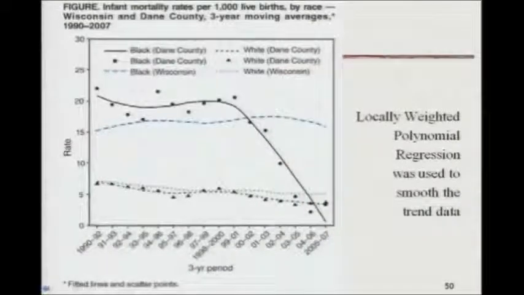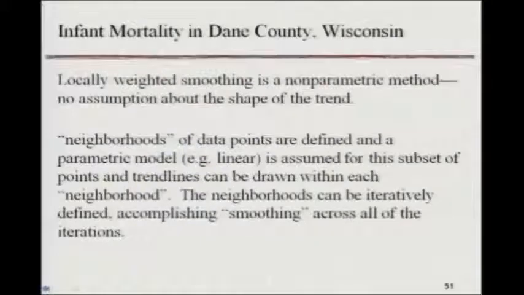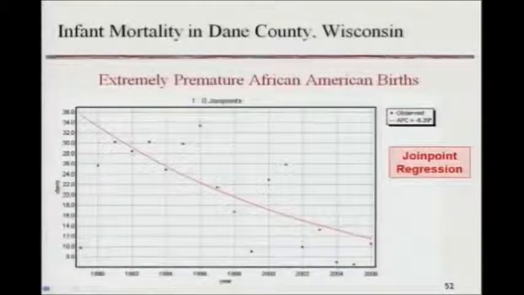Anyway, this was the picture. It's a sophisticated method, and you can see the shape of that trend in the black infant mortality rate, which is this top line, with then a steep drop, apparently. So they used really good methodology. Here's Joinpoint, and this was not me; Dane County did Joinpoint regression, so this is some output from Joinpoint.